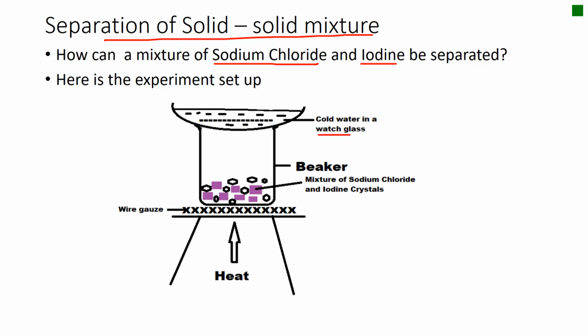You need cold water in a watch glass placed over a beaker containing a mixture of sodium chloride and iodine crystals, on top of a wire gauze which has been placed on a tripod stand that is being heated.